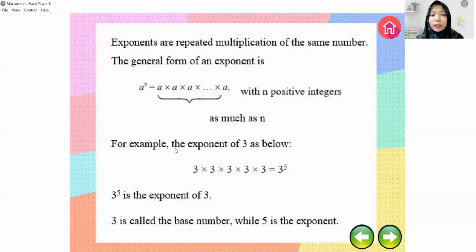For example, the exponent of 3 is below. 3 times 3 times 3 times 3 times 3 is equal to 3 to the power of 5. 3 to the power of 5 is the exponent of 3. 3 is called the base number, while 5 is the exponent. Then students can click the next button.